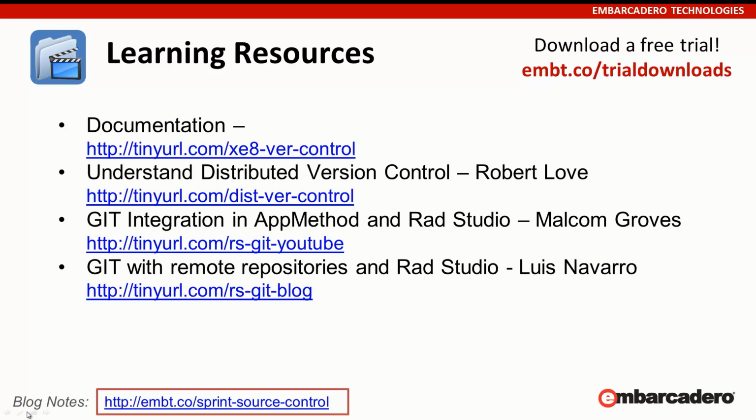This specific documentation page talks about using version control and why you might have it, and then gives you the links to the various integrations and why you'd use and how to set up Git and Mercurial and how to use those.